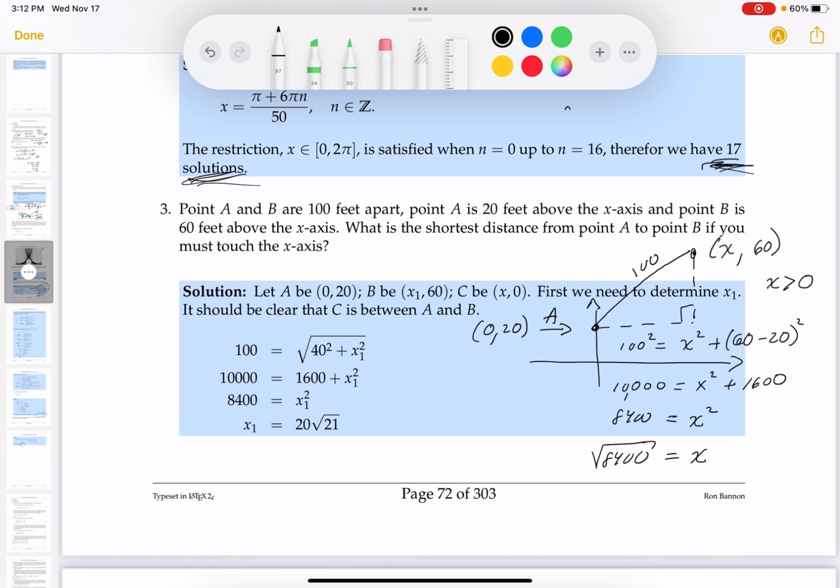I'm going to write 8,400 as 100 times 84. Why would you do that? I'm looking for perfect squares, and 100 is a perfect square. And then 100 times 4 times 21. The square root of 100 is 10. The square root of 4 is 2. That's going to be 20 root 21, which is equal to x.